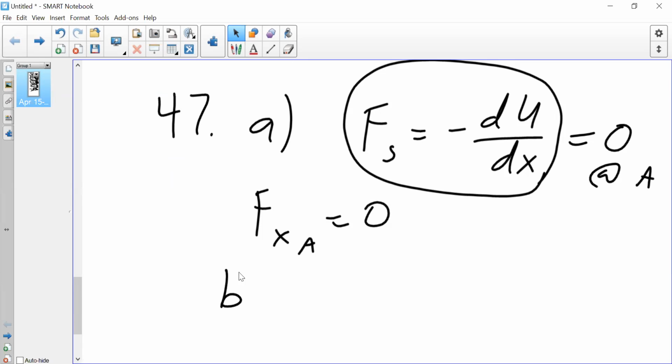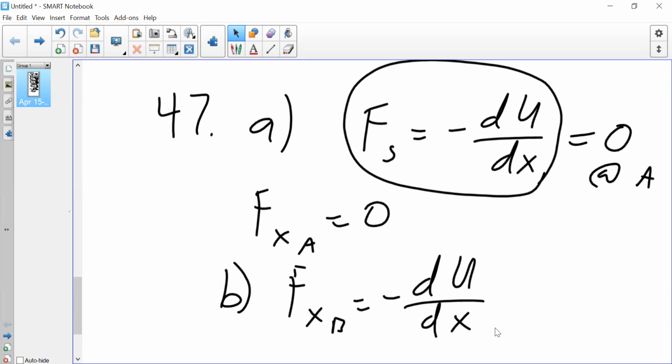All right, what about B? So the slope at that point is what? You've got to be careful. Is that a positive, negative, or 0 slope at B? Now remember, this is already negative here.